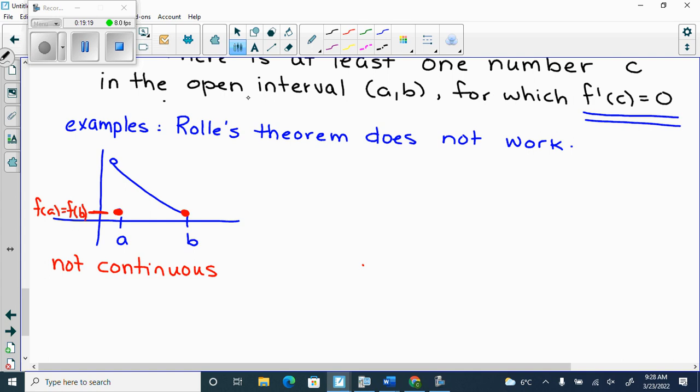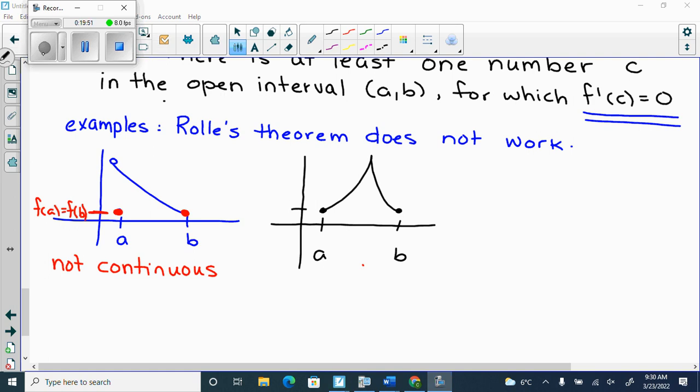What if I give you this? So this is A, this is B. Okay, why does this one not pass?